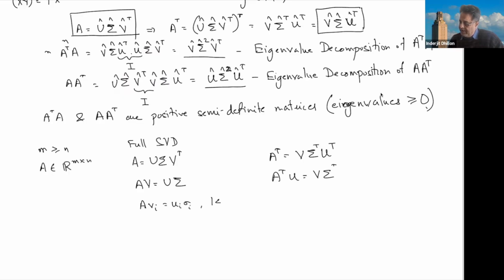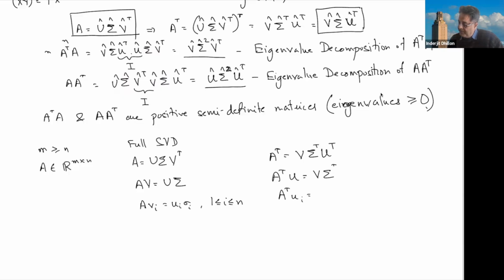for i between 1 and n. And similarly, I have A transpose Ui is equal to, well, here actually I need to be a little bit careful, right?